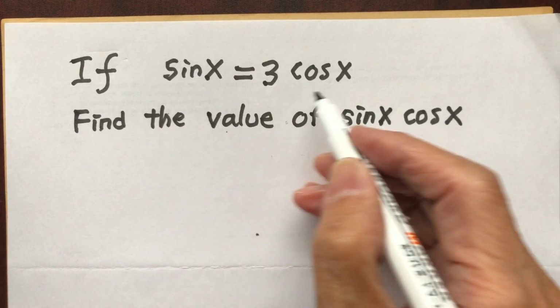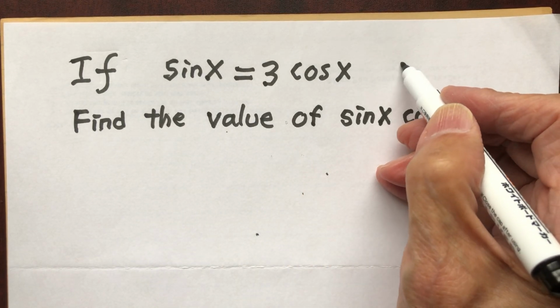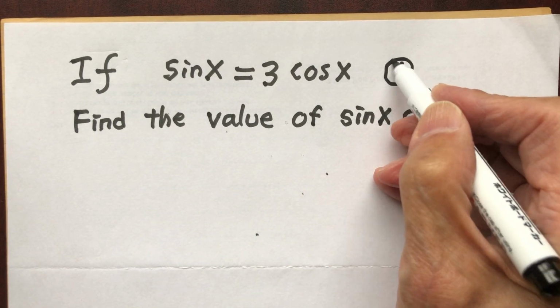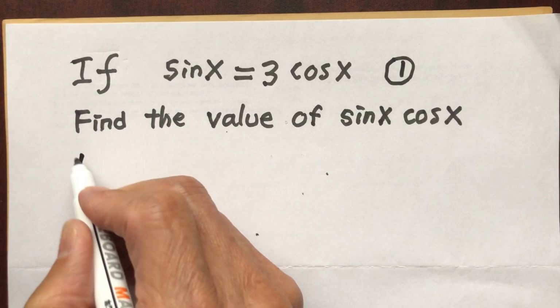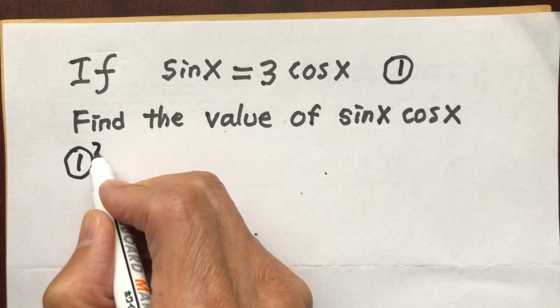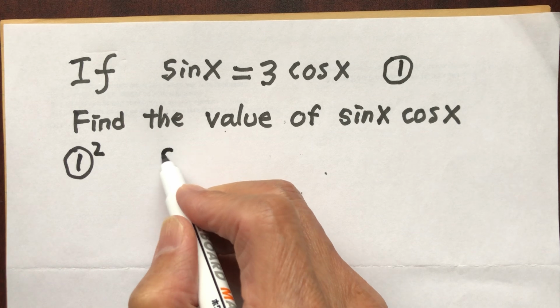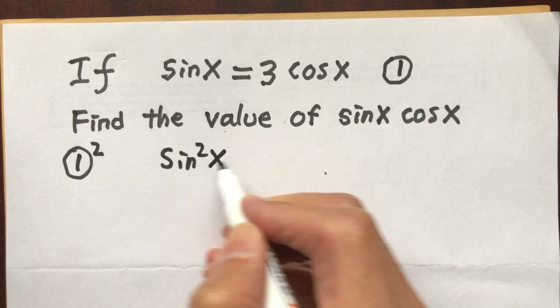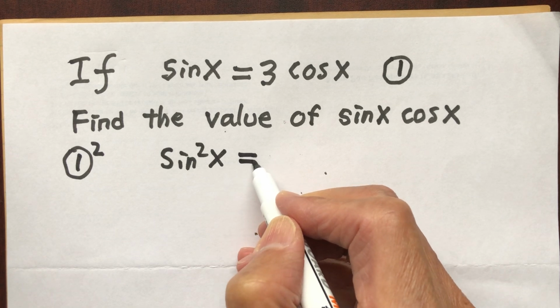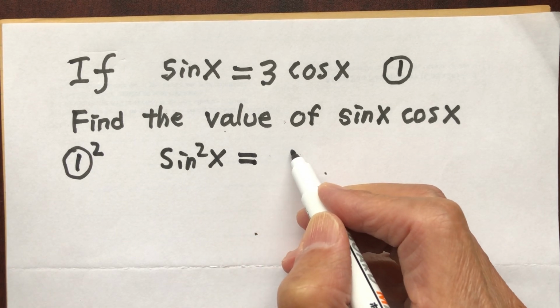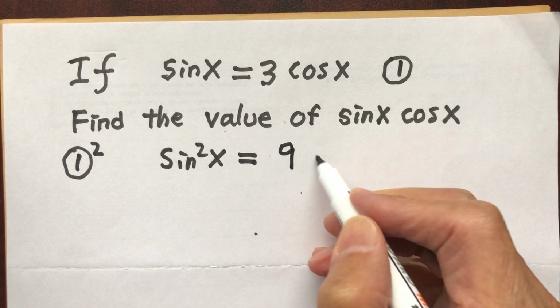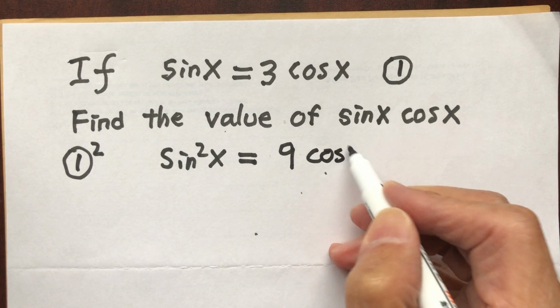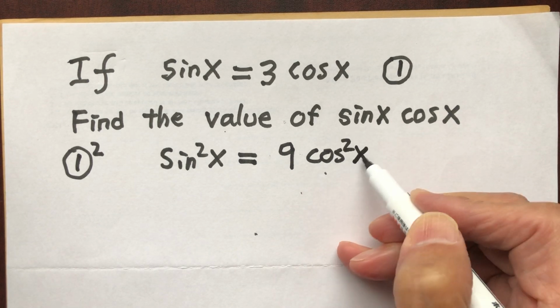So let's do this. Let's call this equation 1. I square equation 1. So I have sine square x is equal to 9 cosine square x.